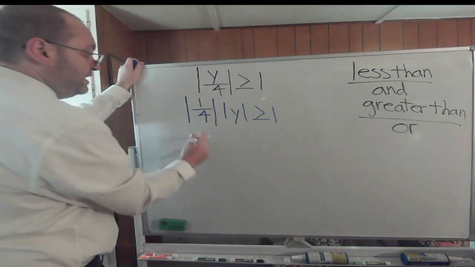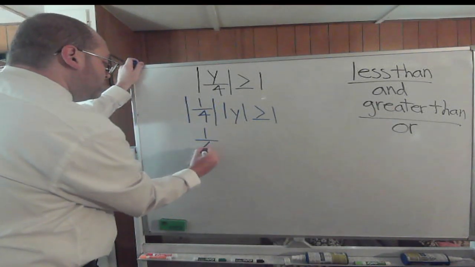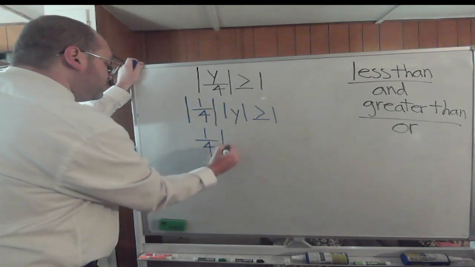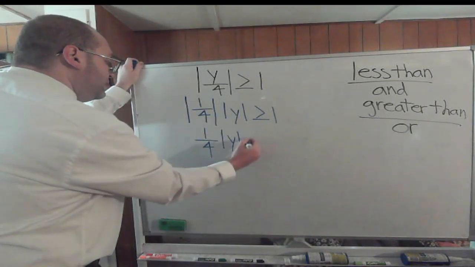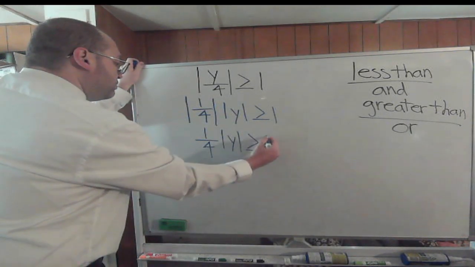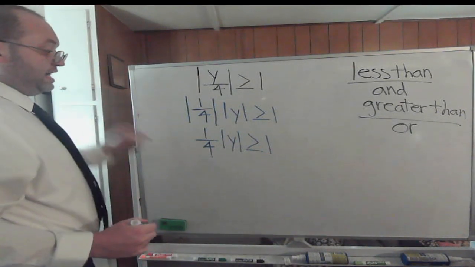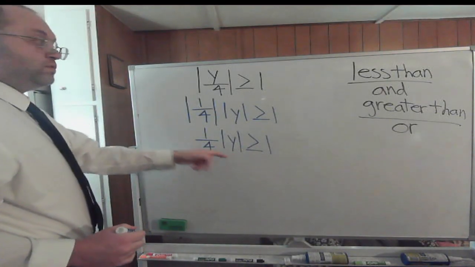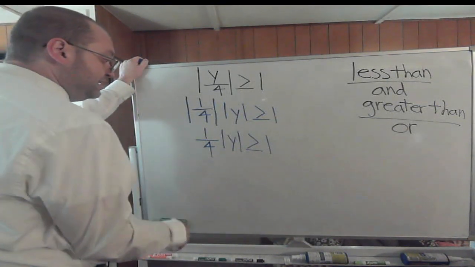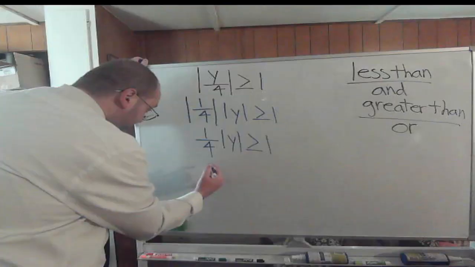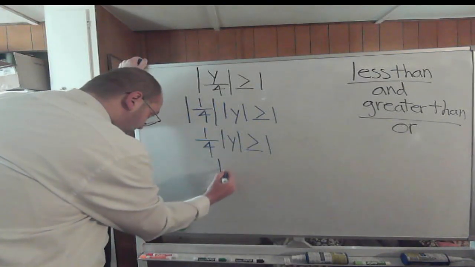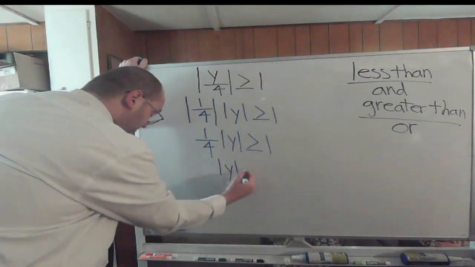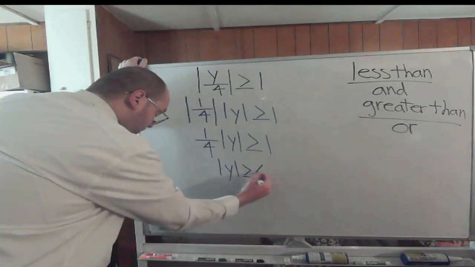Well, the absolute value of 1/4 is just 1/4. So you get 1/4 times the absolute value of y greater than or equal to 1. Now we just multiply both sides by 4 to get the absolute value of y by itself. So you'll get the absolute value of y is greater than or equal to 4.